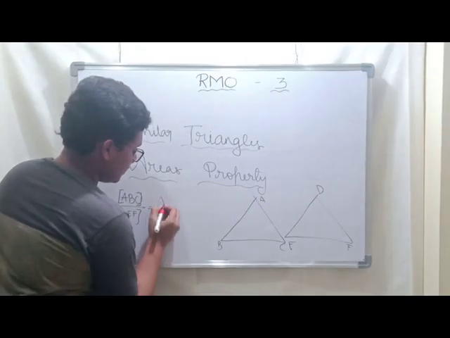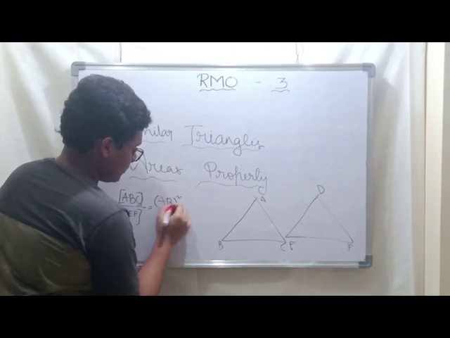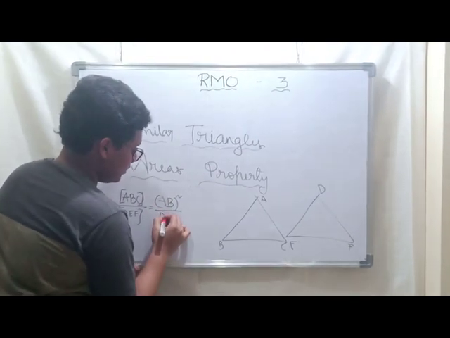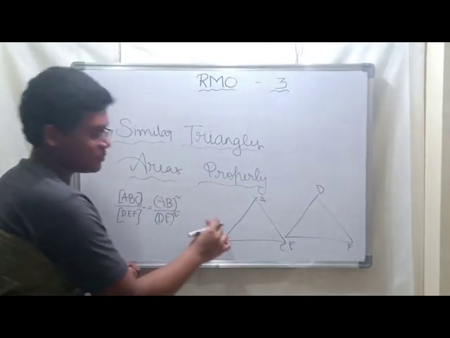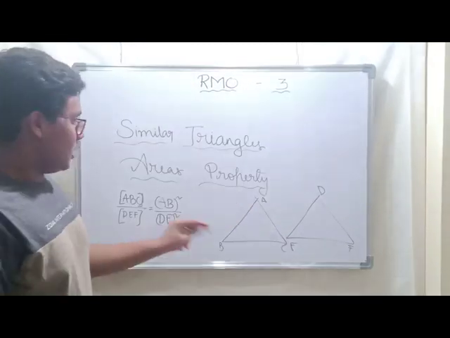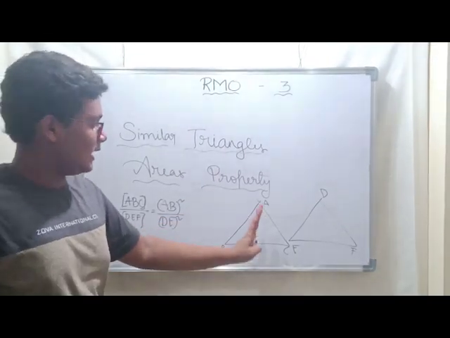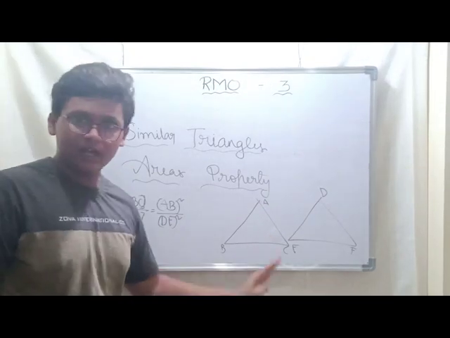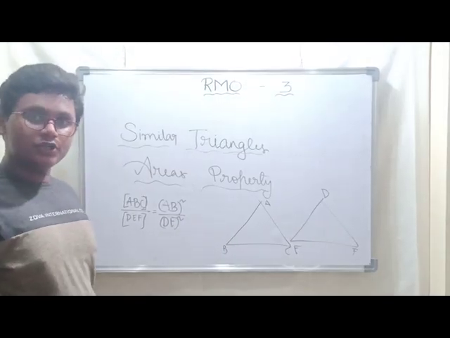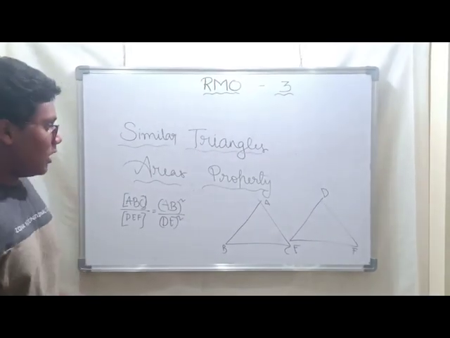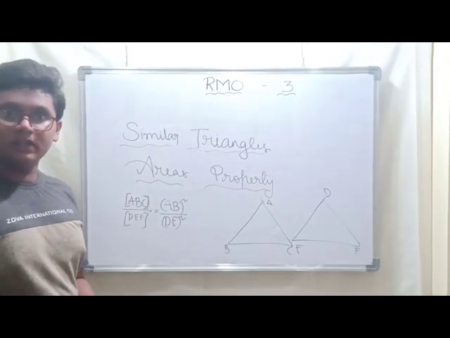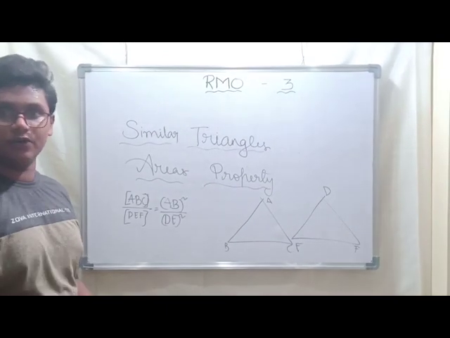AB square by DE square, these two are corresponding sides. Once again, the ratio of the areas of two triangles is equal to the ratio of the squares of the lengths of corresponding sides.